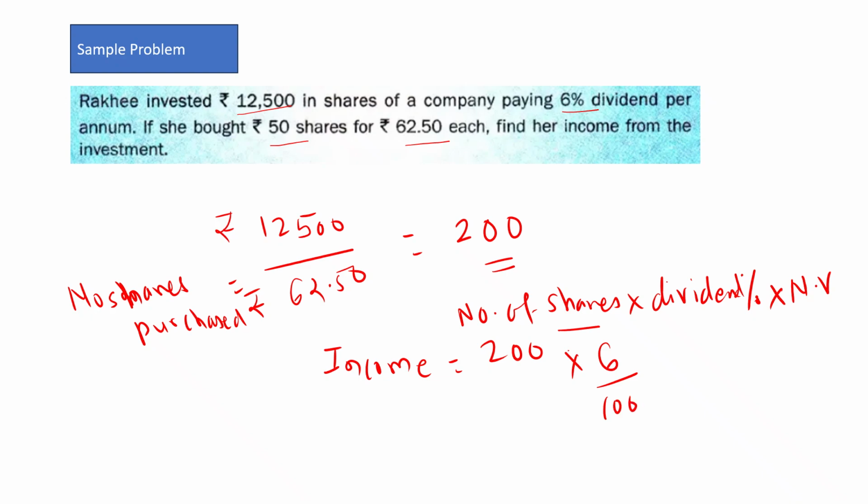And your NAV value will be 50 rupees. So got it? How to do it? Now your answer will be 12 5 is 60 and this is rupees 600. So the dividend or income on the investment is rupees 600.